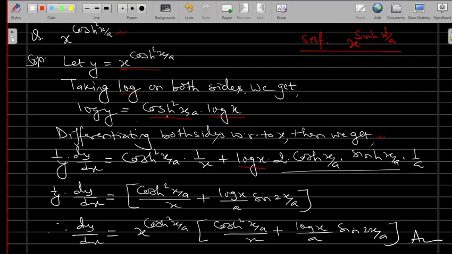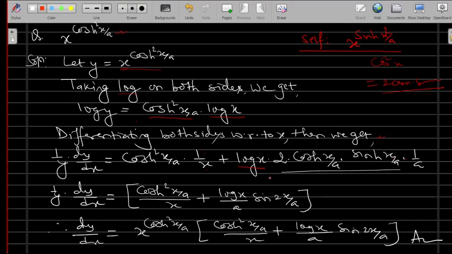The derivative of cos square x is 2 cos x into sine x, in hyperbolic form. So 2 cos hyperbolic x by a times sine hyperbolic x by a times the derivative of x by a, which is 1 by a.